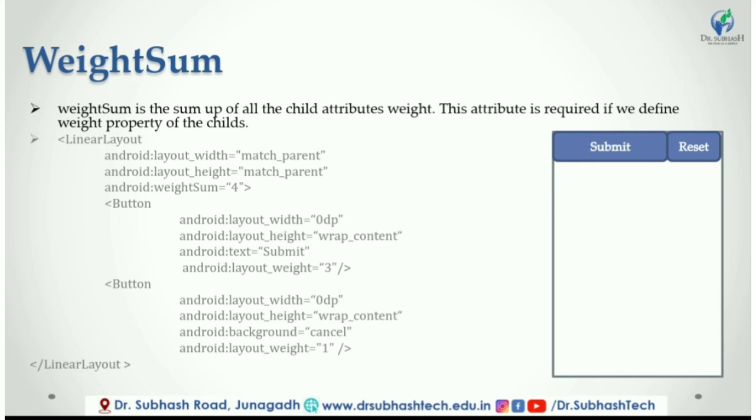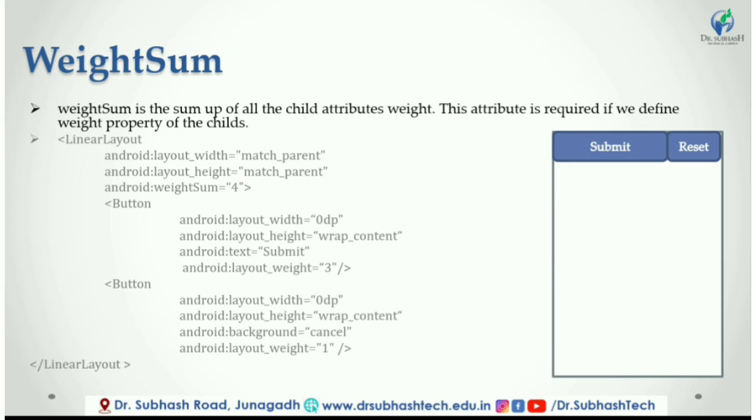Now we will discuss weight sum. Weight sum is the sum of all child attribute weights. This attribute is required if we define the weight property of the child. It is a way to arrange components in any layout. Weight sum is a property of Android layouts like linear layout and relative layout. It divides the layout into parts.